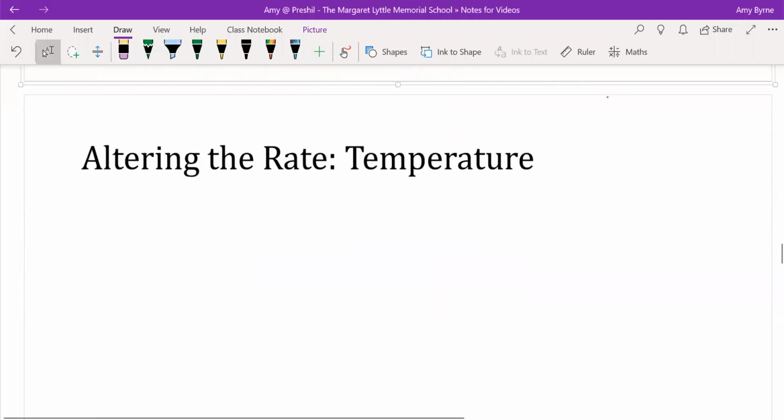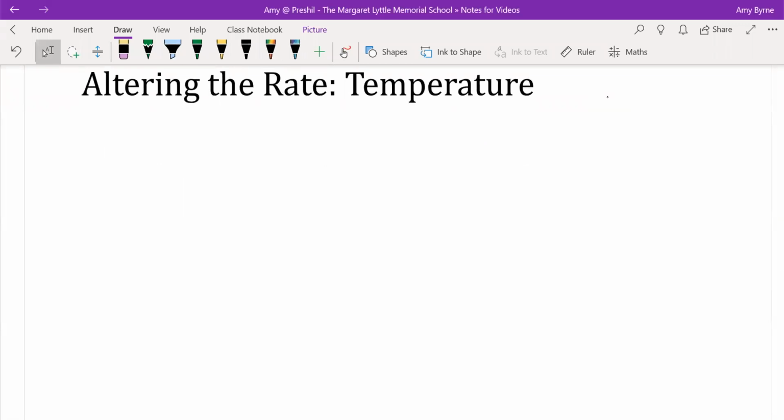Okay, so I would assume that we all know, just from having been in kitchens at some point in our lives, that if I cook something on a high flame, it cooks faster than if I cook it on a low flame. Just logically, if I'm boiling a pot of water, it happens faster on a high flame than a low flame. Why does that happen? Let's go back to our 3 initial points.